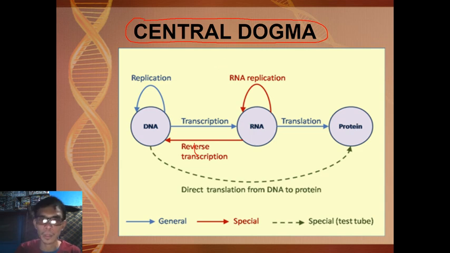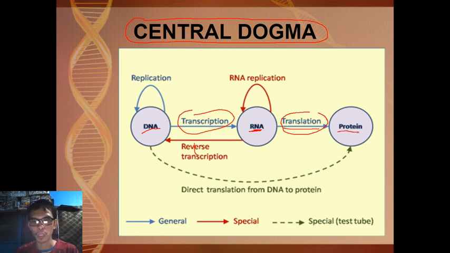Central dogma is in short a universal pattern, or all organisms do this particular pattern, which is under the protein synthesis, we have the transcription and translation process. So in this diagram, you will see the DNA is being transcribed into RNA, and the RNA is being translated to become a protein.